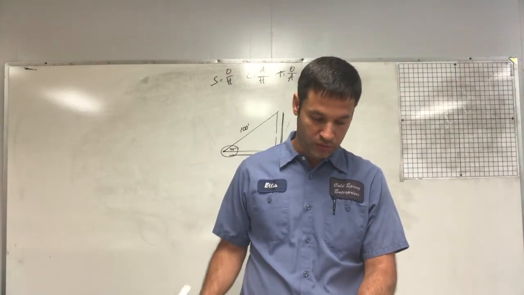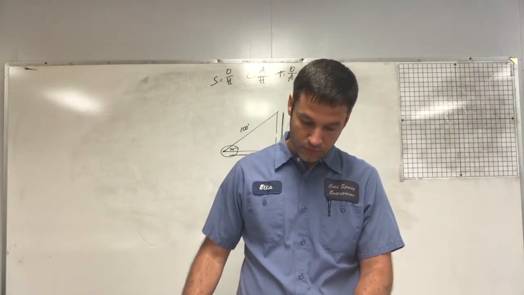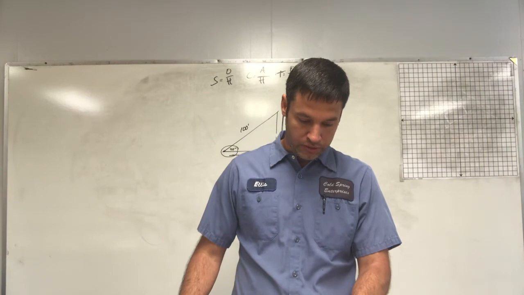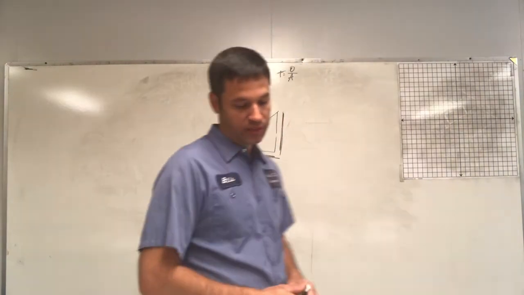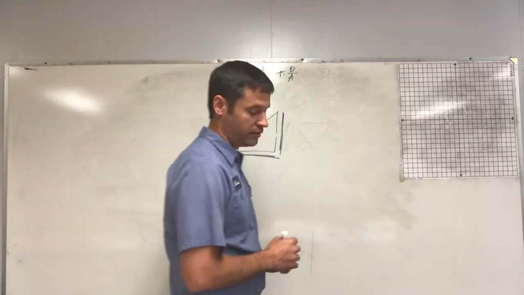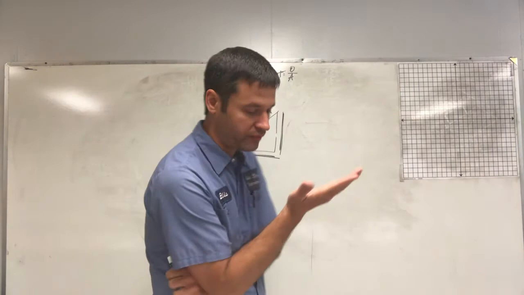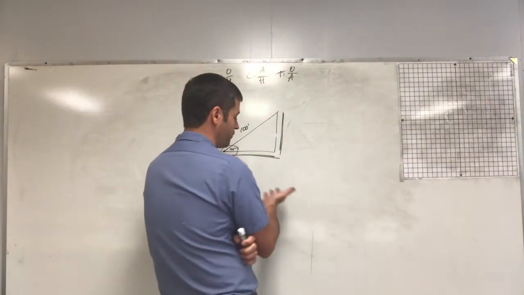So hexagonal pyramid, and it's going to give you a base length, a base side, and a slant height. Total surface area, so one thing you're going to have to do is look at the bottom, find the area of the base.